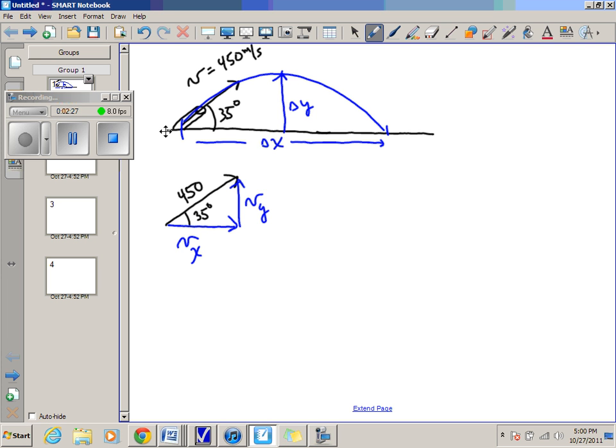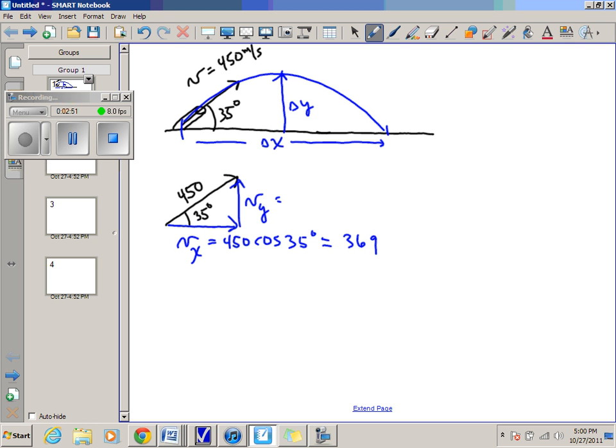And now hopefully we remember from our discussion of vectors that using the 35-degree angle, I can calculate v sub x and v sub y using sine and cosine. So in particular, v sub x here is going to be 450 times the cosine of 35 degrees. Double check that, and I think you're going to find that that's about 369 meters per second.